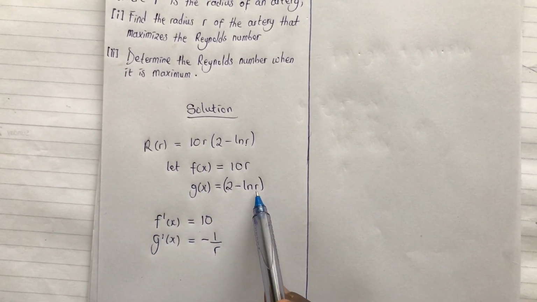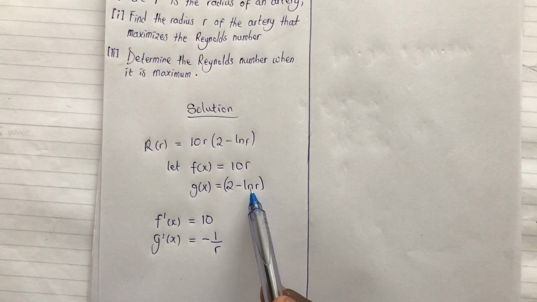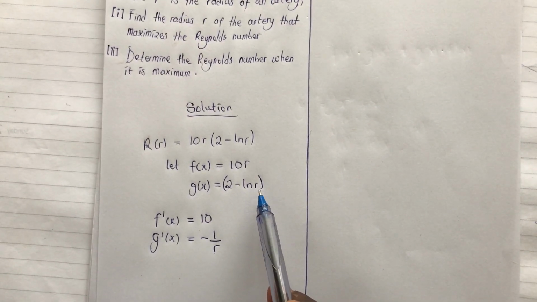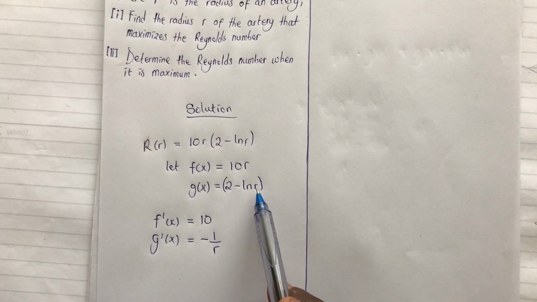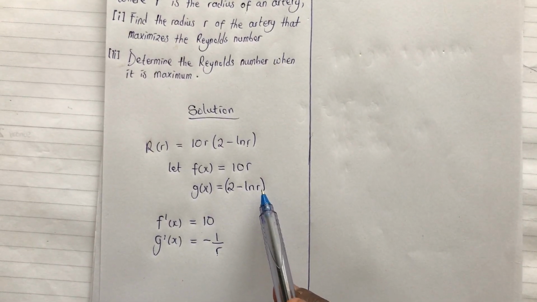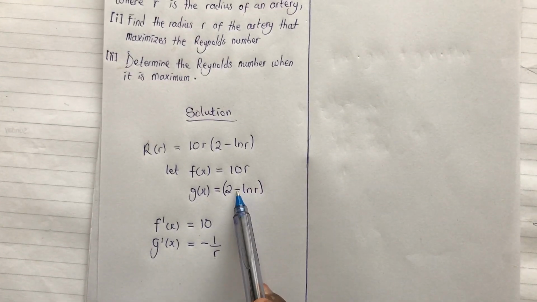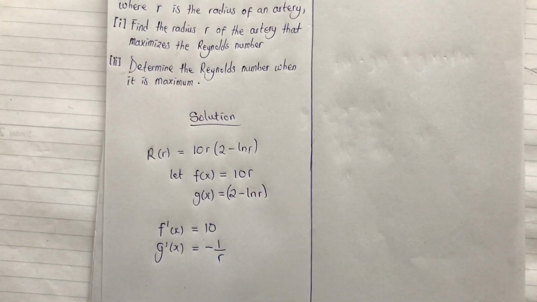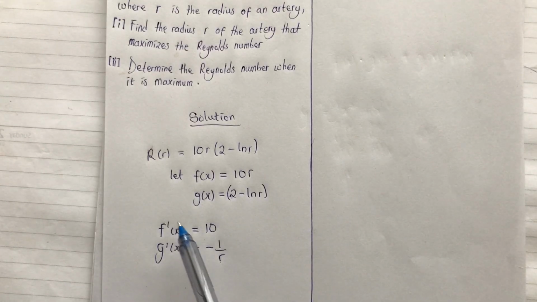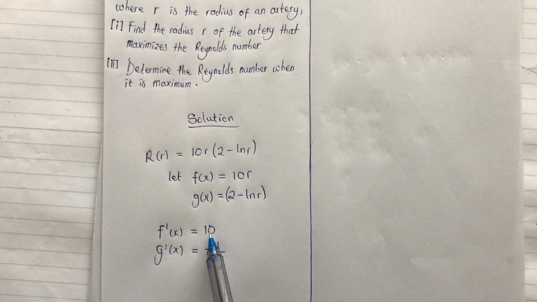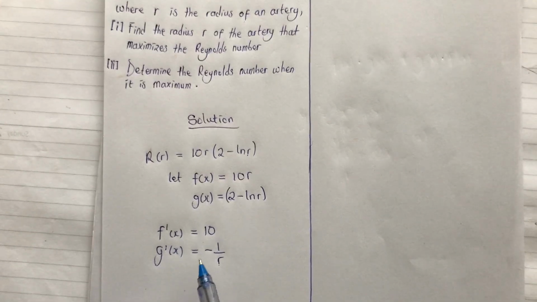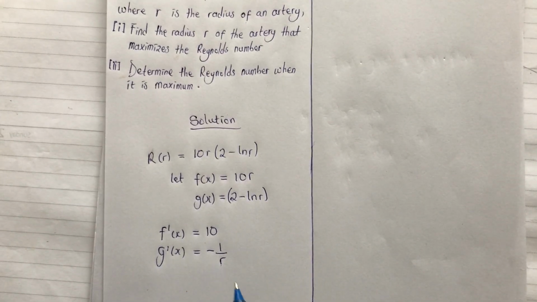So whatever variable you have here, when you differentiate it, is 1 over that variable. So if this side was supposed to be ln x, then the result is what? 1 over what? x. Now we have a negative here, so that was why I brought the negative here. So now we have the two differential equations, f bar of x equals 10, g bar of x equals 1 over what? r, the negative of that.